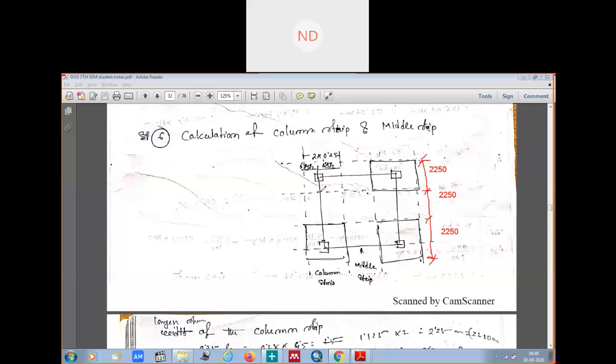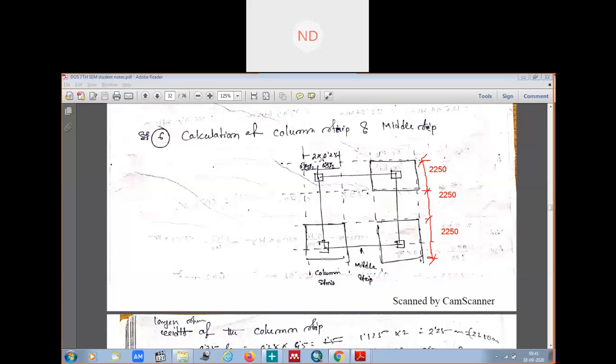So now along the shorter direction, along this direction, what is the width of the column strip? Now when we are considering this shorter direction, this is our width. So the width of the column strip, where our column strip is always at an equal distance from the center of the column. So if this is 2250, this will also be 2250, 2250, 2250 here also.